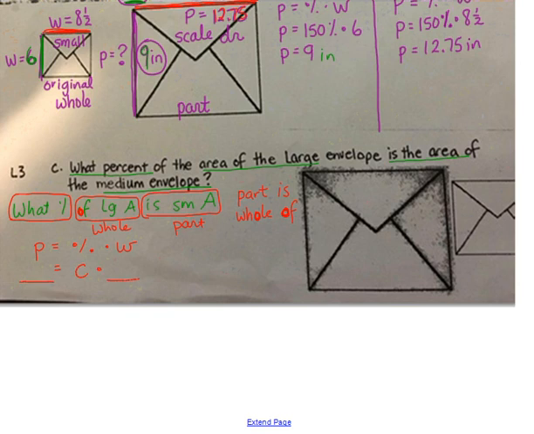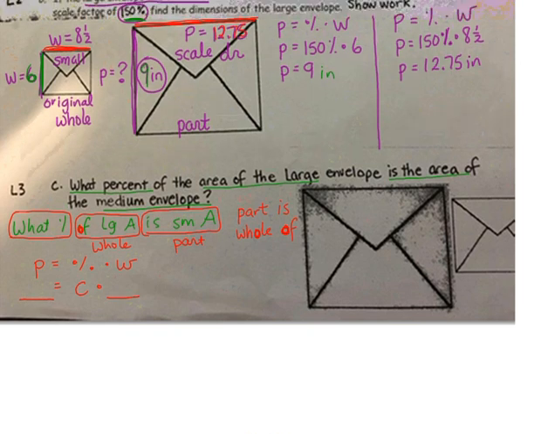So the dimensions of the large envelope are 12.75 times 9. 12.75 times 9 gives us the area of the large envelope, and that turns out to be 114.75.